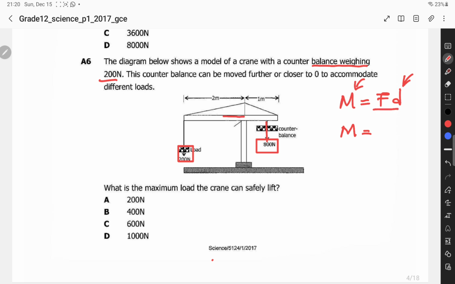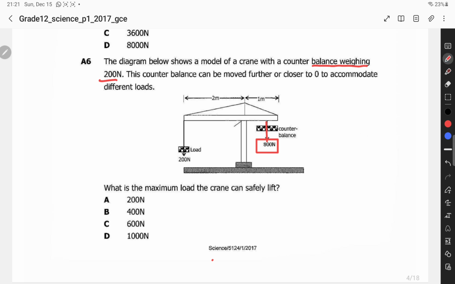Yet on the other side, the distance to the load will be the same, but because what you're trying to support has a greater weight, the moment will be bigger. So by adjusting where the counterbalance is, we can ensure that we can support greater loads on the other side. This is the mechanism of a simplified version, of course, of the crane that they have presented here.